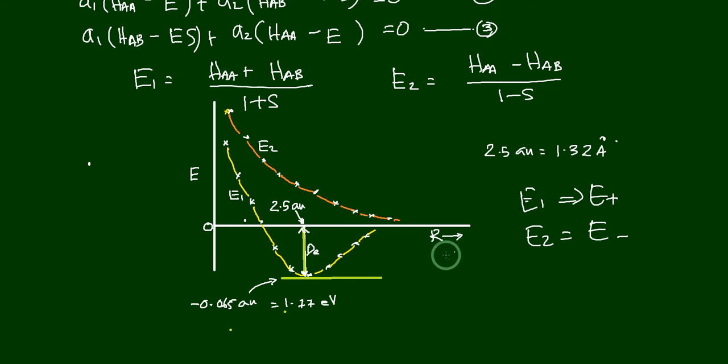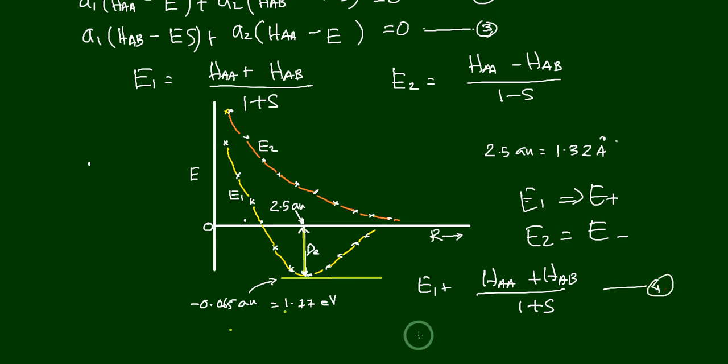Let me write it as E plus. E plus is equal to HAA plus HAB divided by 1 plus S. Let me call this equation number 4.